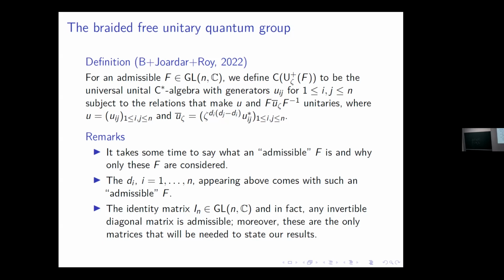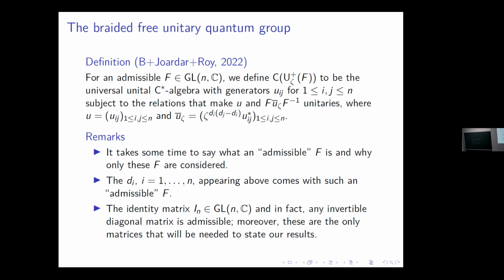So there again becomes a problem with some scalars. So you have to manage it with the entries u star ij. So that is the zeta power here. Okay, that's it. This is the functional algebra of the braided free unitary quantum group.